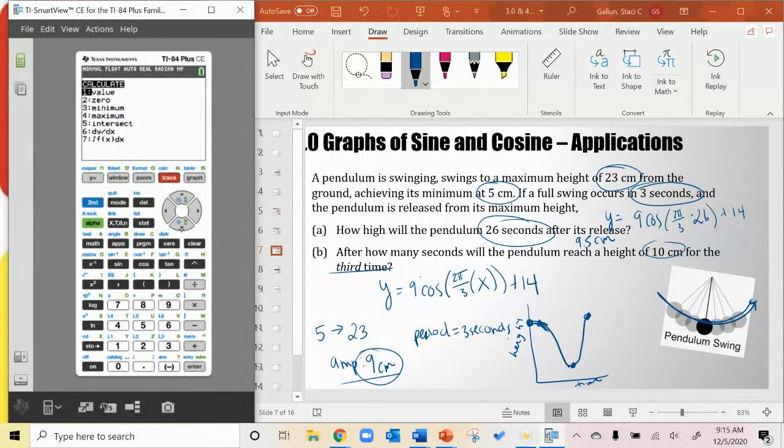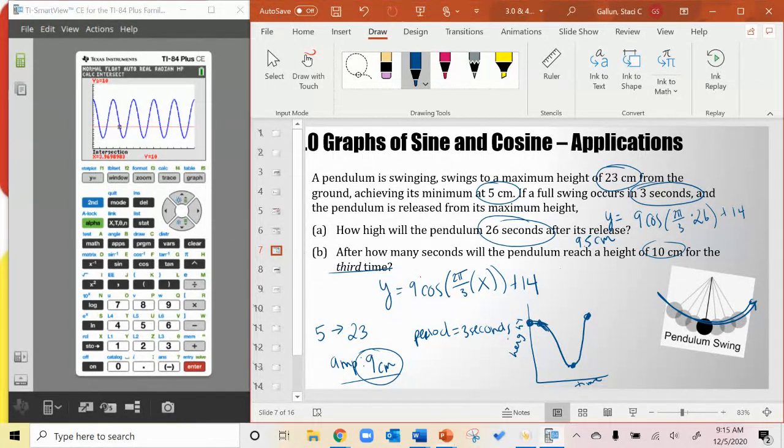So second trace, intersect, go on over. One, two, it's right here. Guess it. So what is that? 3.969, 3.97 seconds.